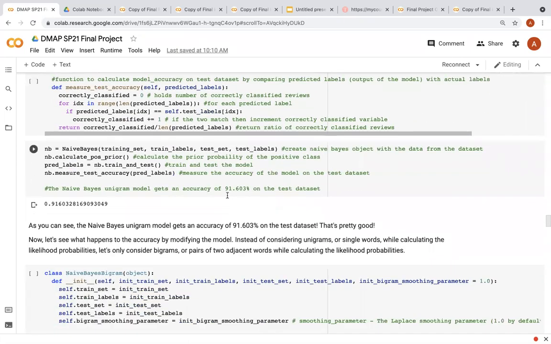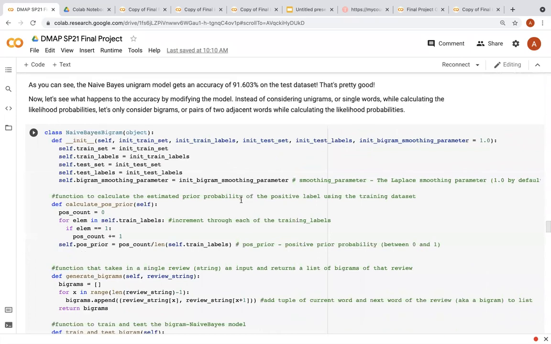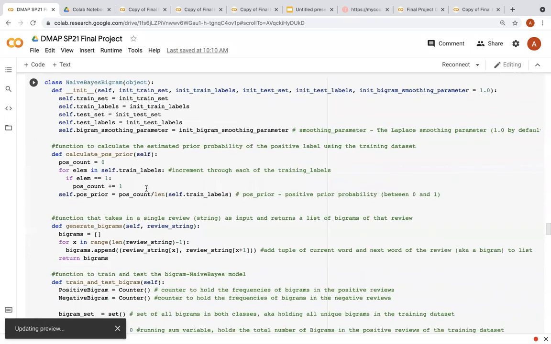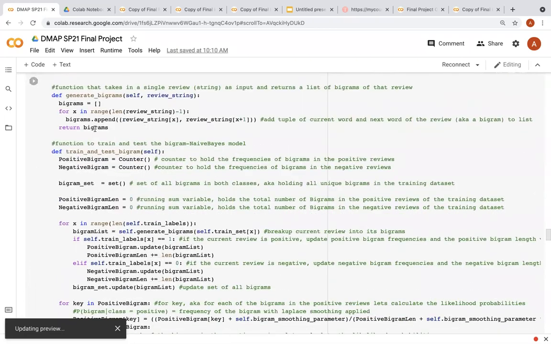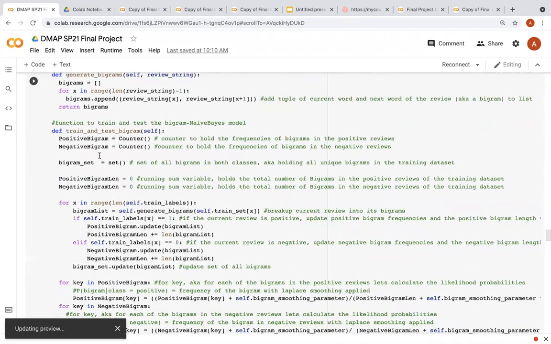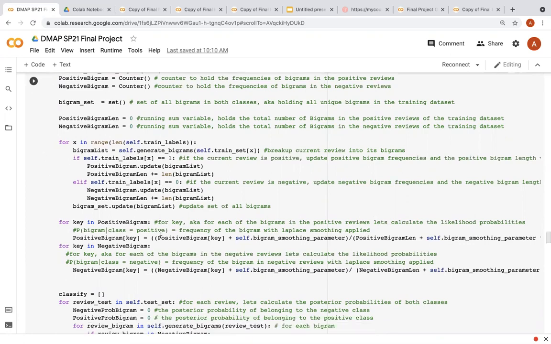So quite interestingly, I did that for both the unigram, and then I also did a bigram class as well. So the bigram class is similar. I have just a generate bigrams function, but the rest was basically the same for bigrams and unigrams, right? Just change the unigrams into bigrams. So now I'm not tracking the frequency of a unigram, I'm tracking the frequency of a bigram. And now I'm tracking the number of bigrams in each class and the total set of bigrams and not unigrams.